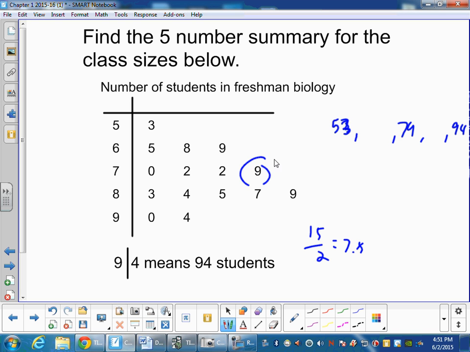Now, since we are using 79, we don't use it on the previous ones. So we count 1, 2, 3, 4, 5, 6, 7. So let's count out 3, 3.5. So that one, 69, is going to be our Q1. 1, 2, 3. 87 is going to be our Q3. And here is our 5-number summary.